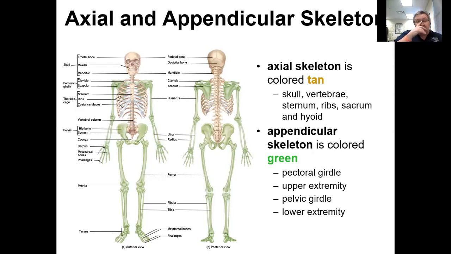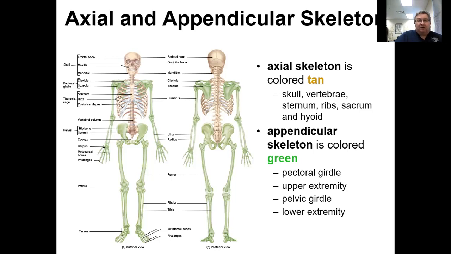So if you look on this slide, the axial skeleton is the tan colored bone. So basically the skull, the vertebra, the sternum and ribs, the sacrum, and even that little hyoid bone is part of the axial skeleton. It's what everything is based off of in the human body.